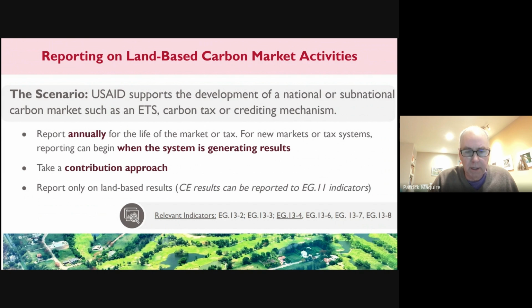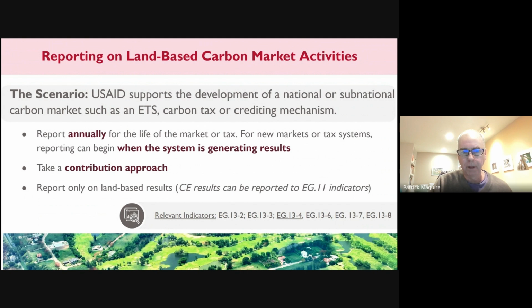Some will be less likely to be achieved under this scenario of working on a national or subnational market. So the ones that are missing here are, I guess, easier to describe. The EG.13.1, the number of people trained, is probably not as likely under this national carbon market scenario, but a lot of the other ones would apply, including certainly institutions with improved capacity to address sustainable landscapes, that's 13.2. 13.3, certainly a number of laws, policies and regulations that are formally proposed, adopted, or implemented.